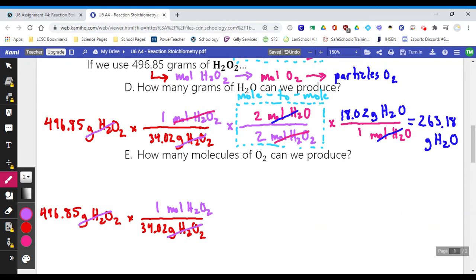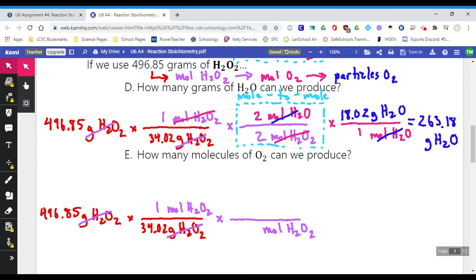My next step is to go from moles of H2O2 to moles of something else. In this case, O2, moles of oxygen. Oops, let's do purple. So I'm going to make another fraction bar. Okay, I'm going to get rid of moles of H2O2 now because I'm done with that unit. Moles H2O2. Let's move this over a little bit.